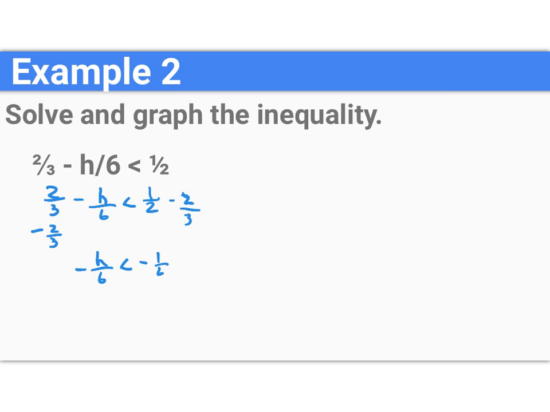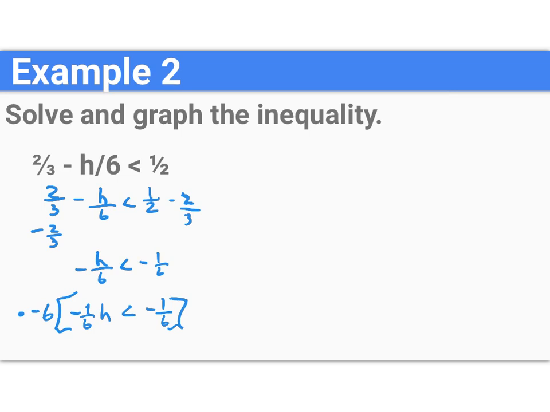So what I'm going to do is change this fraction to negative 1 over 6 times h is less than negative 1/6. So in order to get rid of the fraction, we got to multiply everything by the inverse. Multiply by negative 6. Multiply the whole, which means both sides.